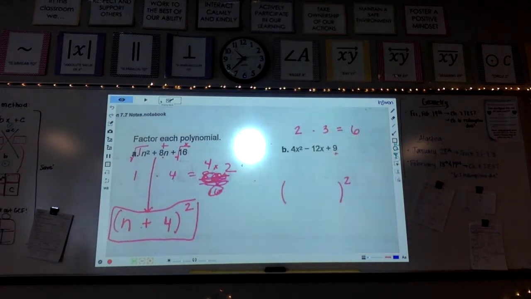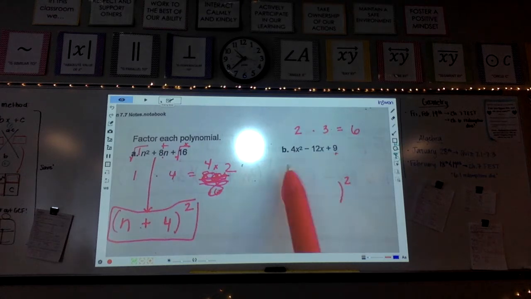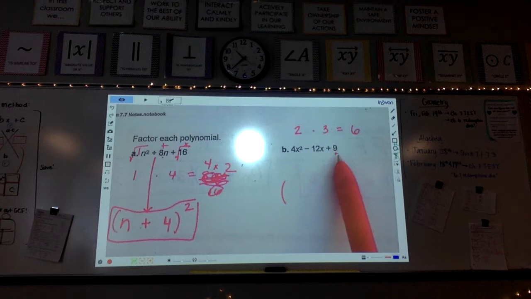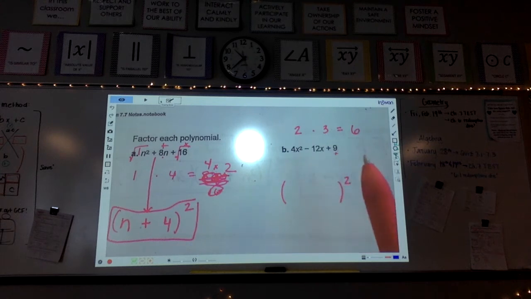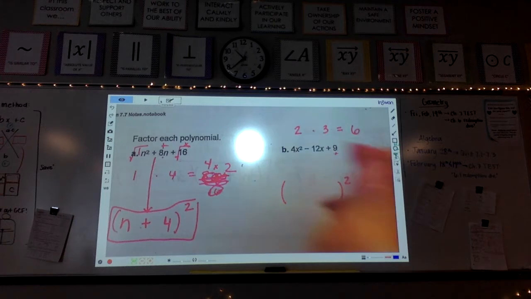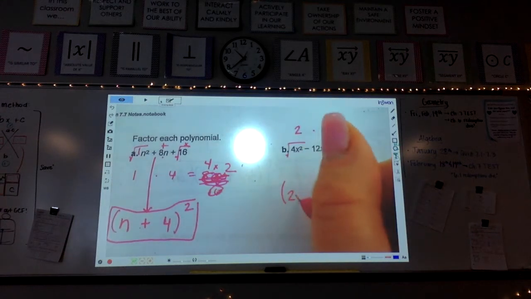And you can use the Xbox still. That's still an option for you. You could still use that here. It's just sometimes these numbers will get really large and the Xbox is going to take you a lot longer. If you can recognize the pattern, that makes things a little bit quicker. Now, when you actually factor it, the factoring part is easy. Square root of 4x squared is 2x.